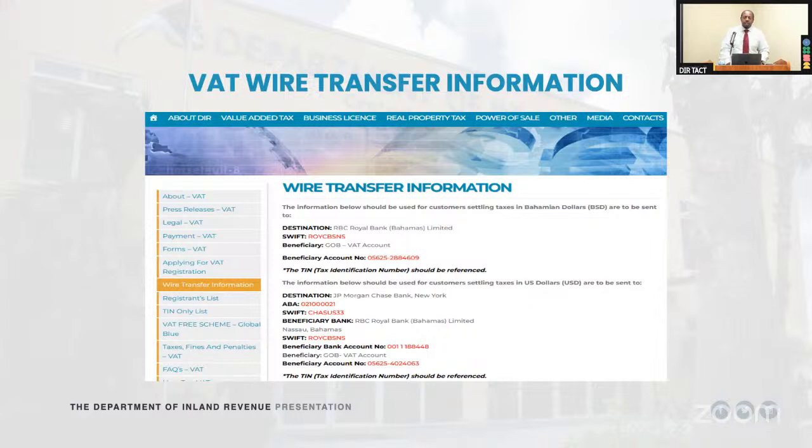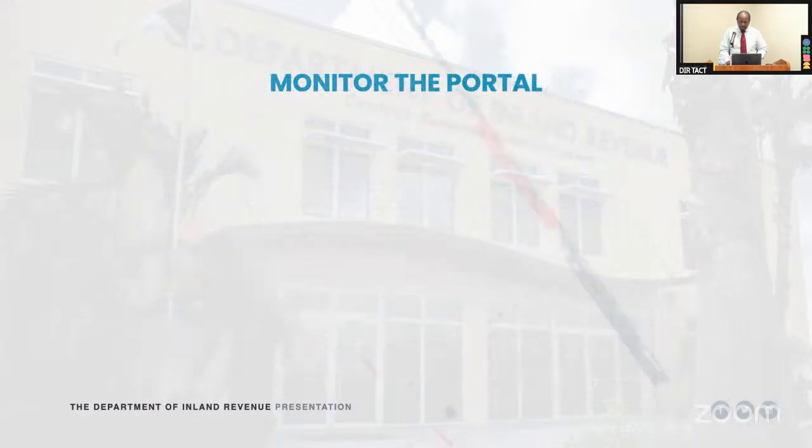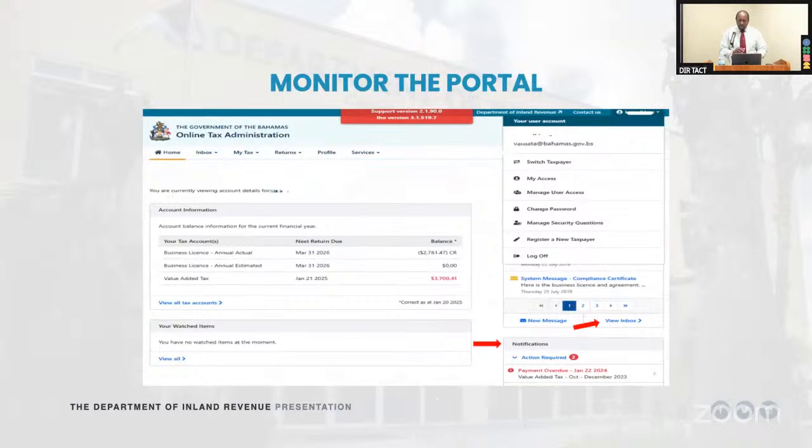And when you're filing, please do not go to the bank the day of your filing, because that's not going to hit us until maybe 2-3 days later, which means you would have filed late, because we cannot account for funds until they hit our account. And we encourage persons to monitor the portal, but also utilize the portal as a means of communication with us.